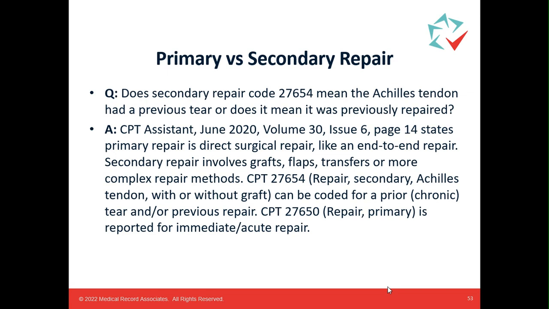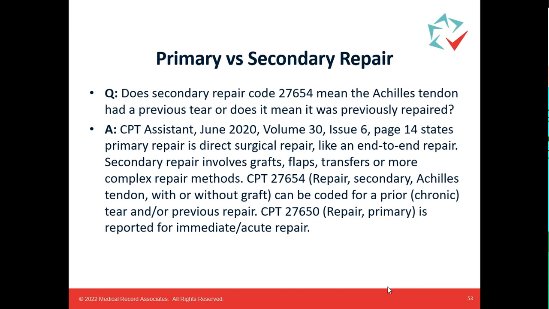CPT 27654, which is our repair secondary, can be coded for a prior chronic tear and or a previous repair, whereas 27650, repair primary, is reported for immediate acute repair.